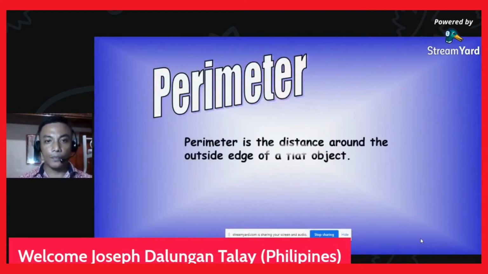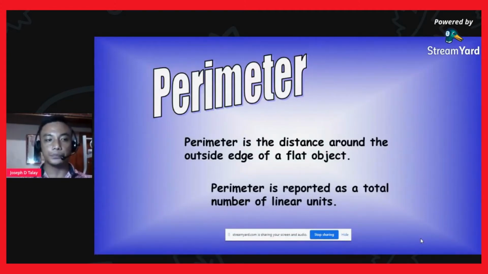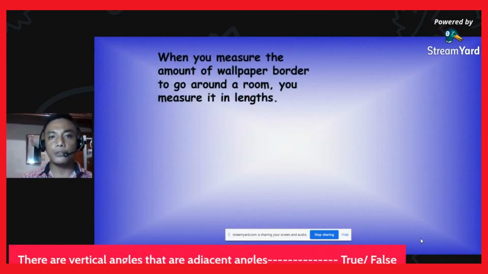Perimeter is the distance around the outside edge of a flat object. It is also reported as a total number of linear units. When you measure the amount of wallpaper border to go around the room, you measure it in lengths.